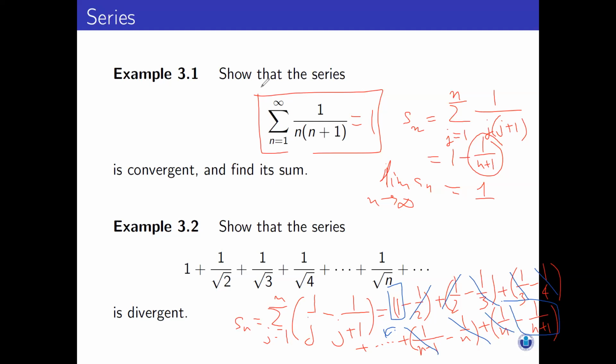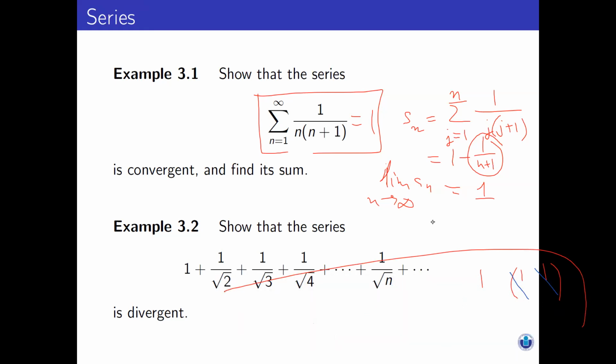The next exercise is more difficult in that you have to show that the Sn diverge, so the sequence of partial sums does not have a limit at all.